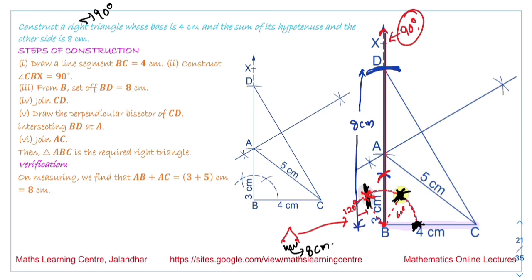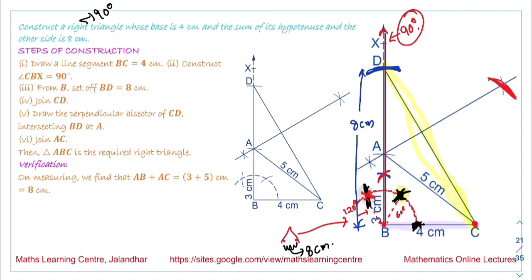Now the next step is that we have joined these 2 points C and D, and we obtain this line over here. The next thing we have to do is draw the perpendicular bisector of this line. So to draw the perpendicular bisector, we will keep the compass at point C and mark an arc over here.